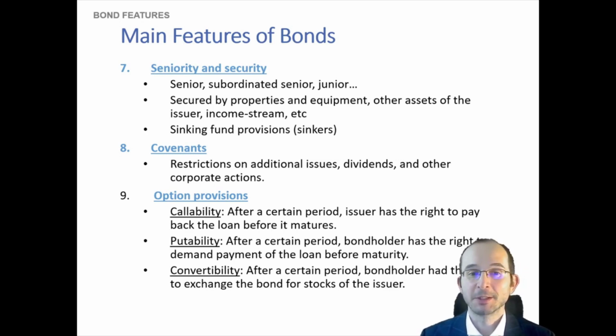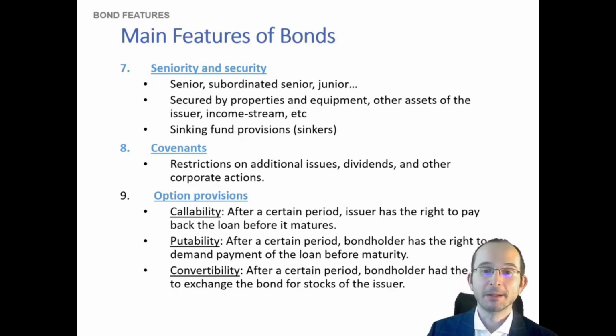So if you find yourself as the bondholder of a company that has really good growth prospects, and you happen to hold a bond that has a convertibility provision, then you might choose to give up your bond and convert it into a certain number of shares of stock. This will be predefined in the bond contract, and then you get to participate in the upside.